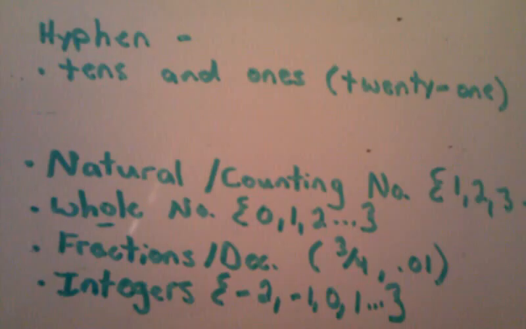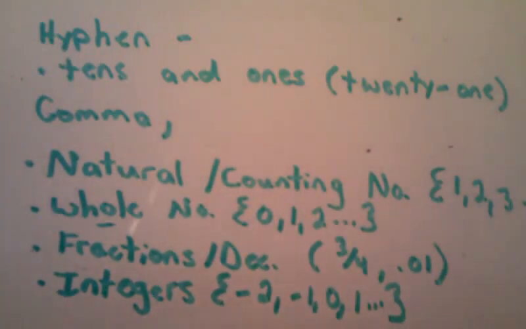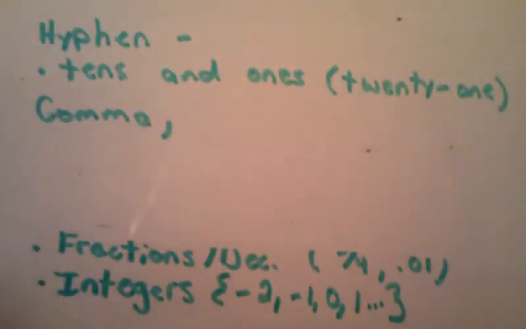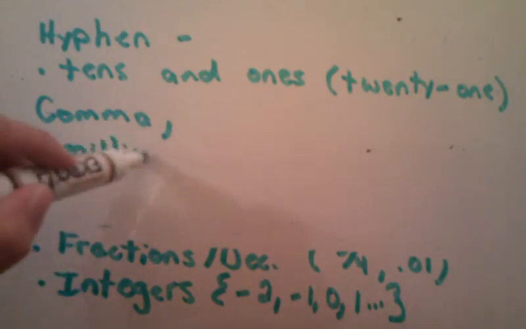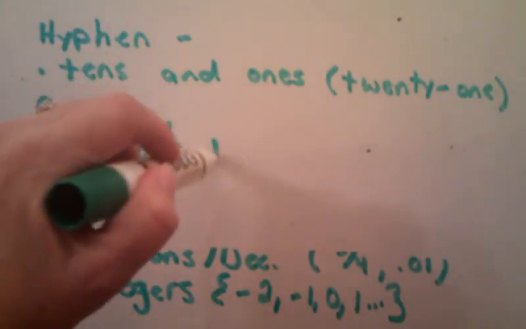Okay? And then remember the comma. And a comma looks like that. We use a comma between, I call them our comma words, between millions. Well, after millions, we'll have a comma. Thousands.